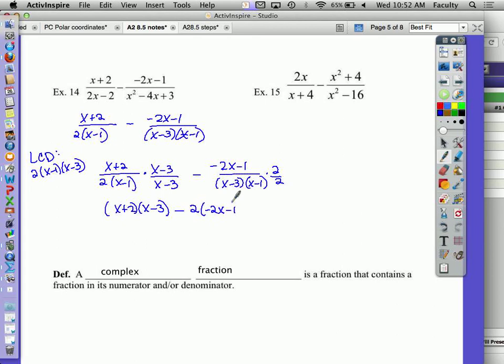Remember the technique I showed you on the previous example. Put this 2 in front, okay? Otherwise, you might make a mistake.